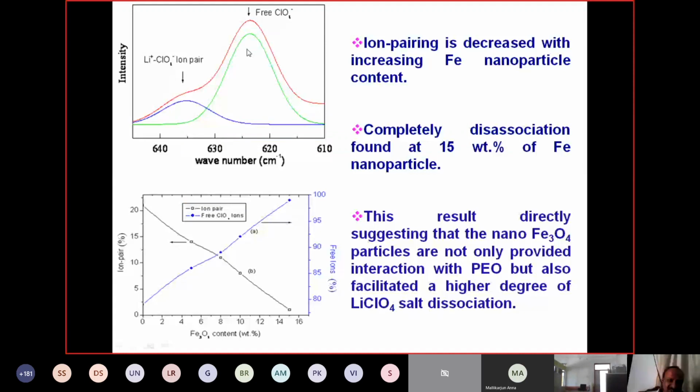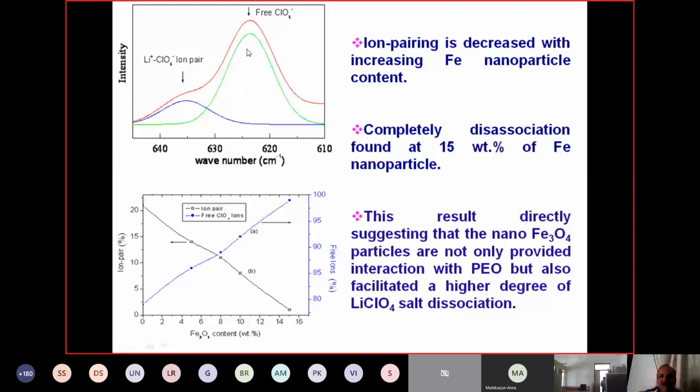You see here, these are the ion pairs and these are the free ions. If we increase the Fe3O4, the free ions are increased and this one is reducing. That means it is disrupting the aggregation that is taking place. Free ions are available, and increasing the free ions is very much required.